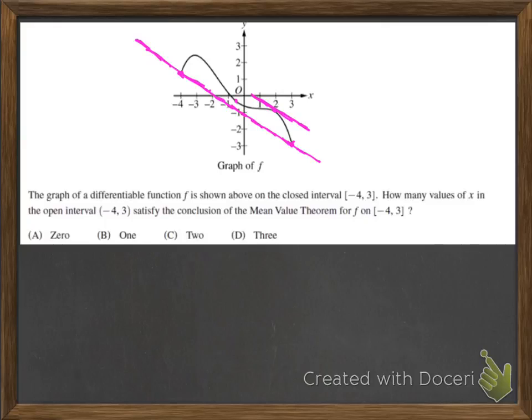Well, you're going to have another point down here somewhere where the tangent line will be parallel to the secant line, and you'll have another point somewhere over here where you would have another tangent line that is parallel to the secant line. So what that means is that there are 3 places on this interval that are going to meet the requirements of the mean value theorem.